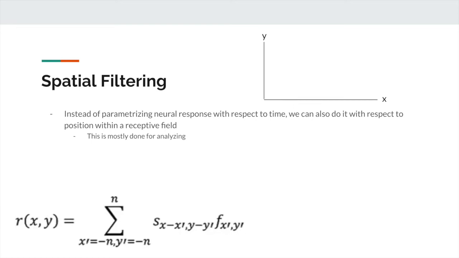Your visual field can be represented two-dimensionally using y and x, and if we define some sort of filter that's also two-dimensional, then we can take whatever input your eyes are seeing and multiply each corresponding value in that input image with the same values from that two-dimensional filter.